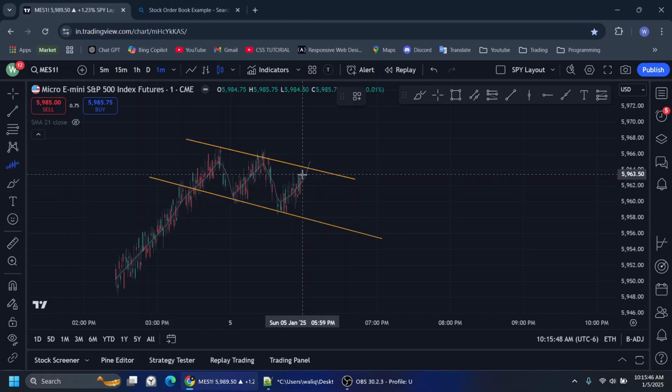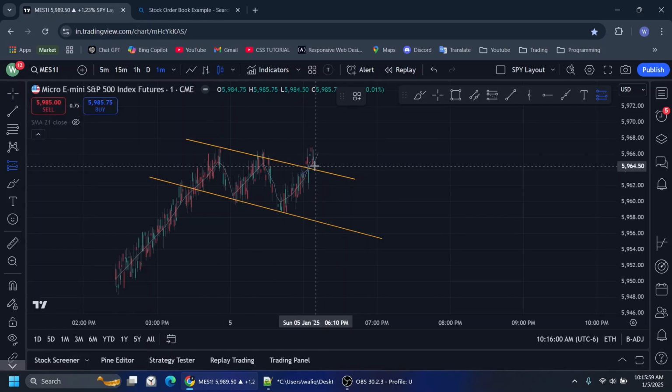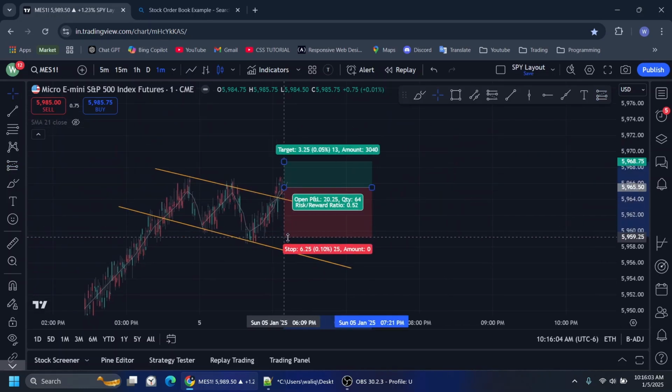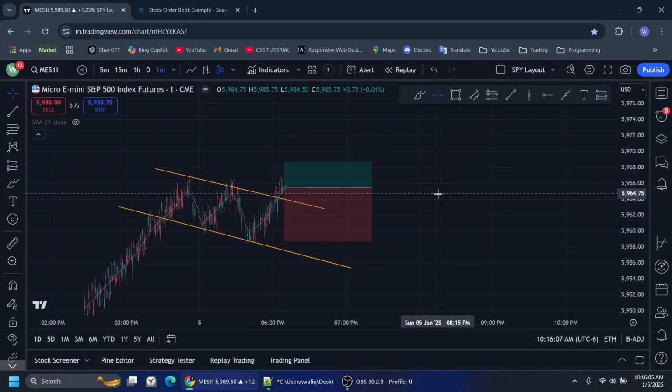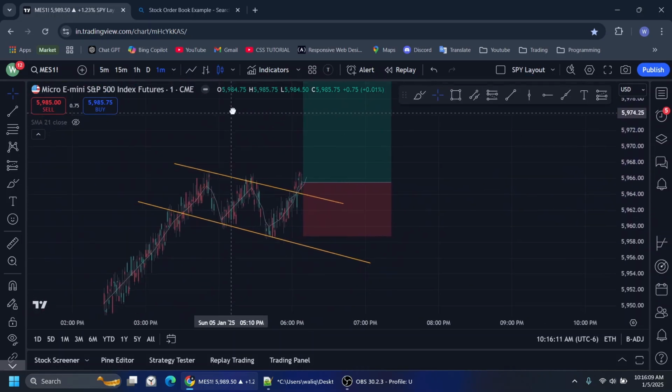And then they're going to buy a little bit more, so it shows as a breakout, right? So what me and you are going to do is say, okay, it's a breakout, let's watch this trade play out. We're going to put our stop loss right here, and then take profit like that.